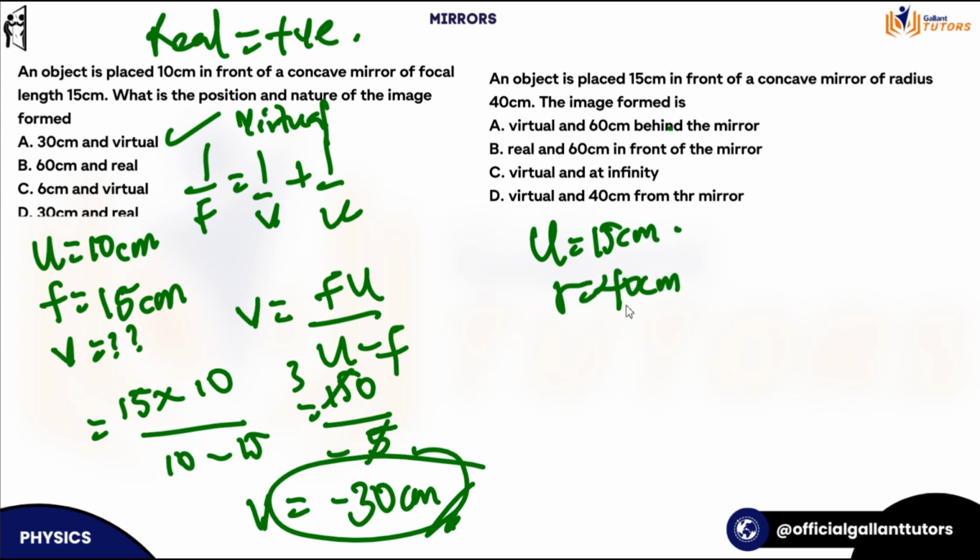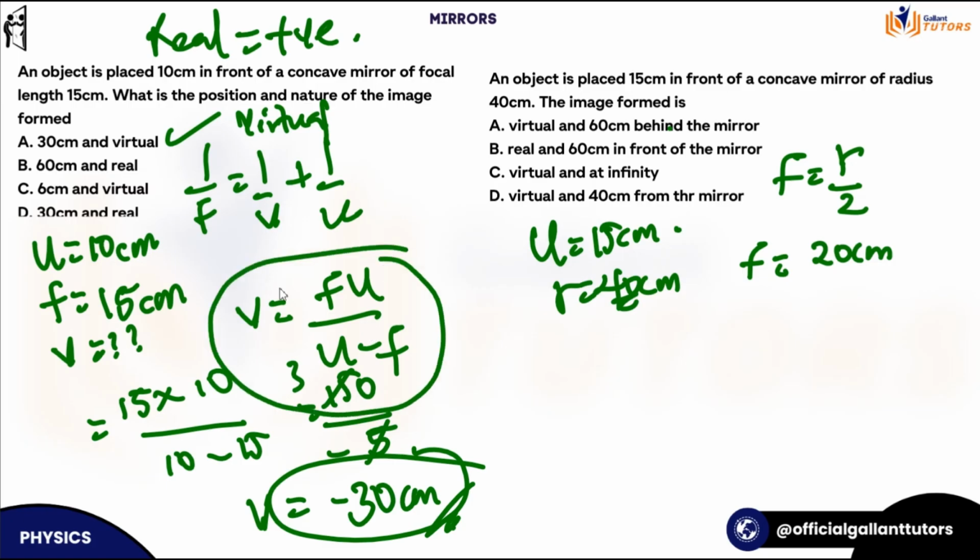If you notice, I've been saying that F is equal to R over 2, meaning that our F is equal to 20 centimeters, just 40 divided by 2. So this is a relationship between F and R, and it simply means that this formula is also applicable.